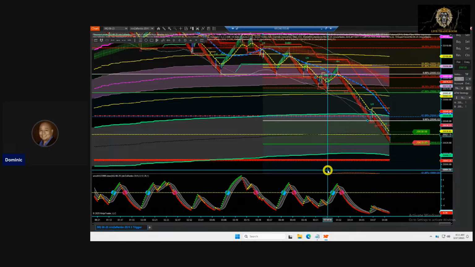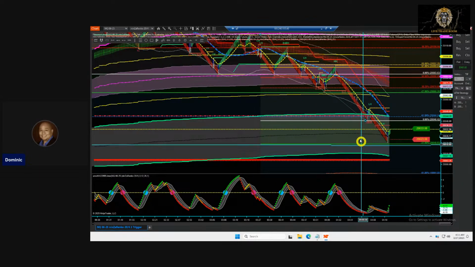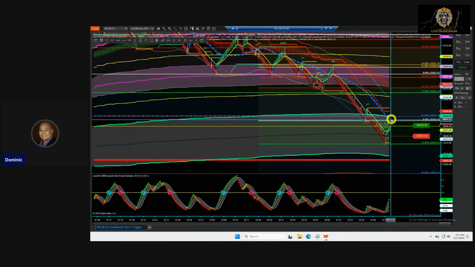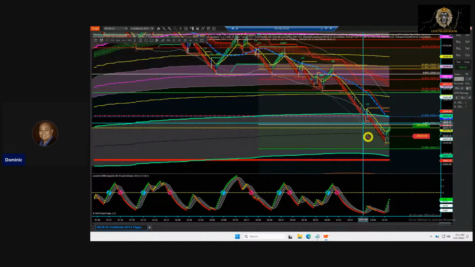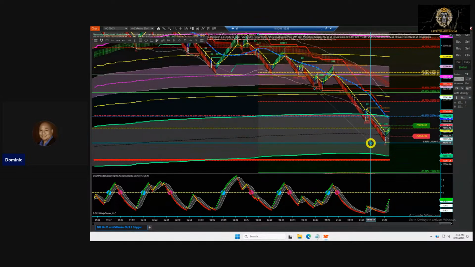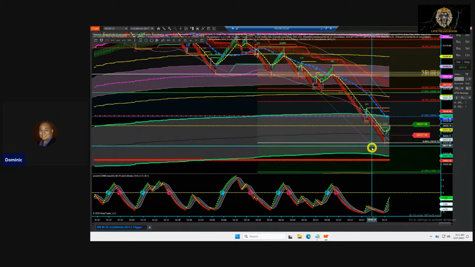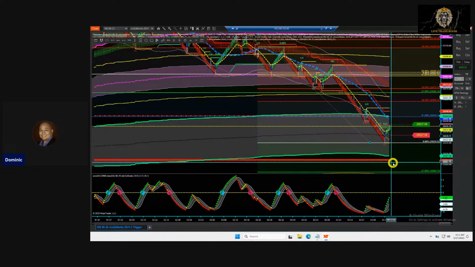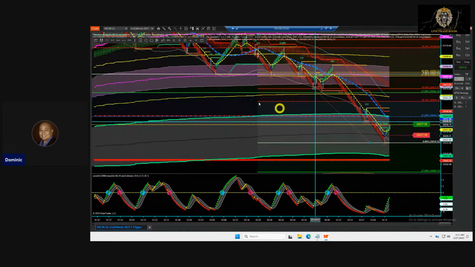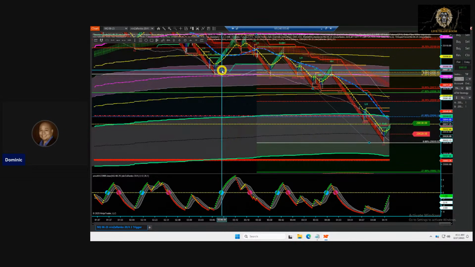Which I can see, there's the pullback. Let's see if we can bring this. This is going to pull back all the way up here. I'm going to bring this all the way back down because this is a deeper pullback. Right? So this one, I'm going to be here.